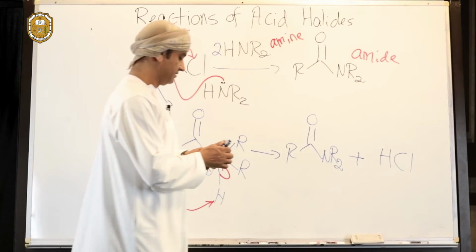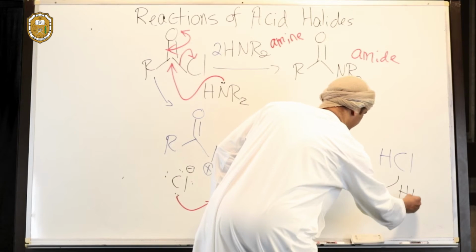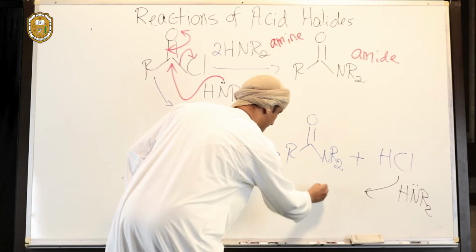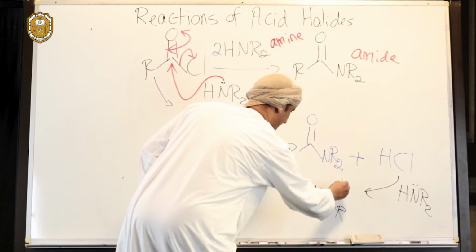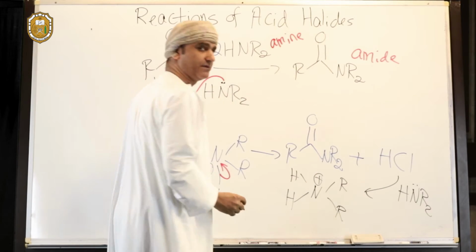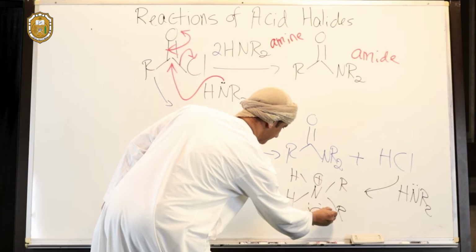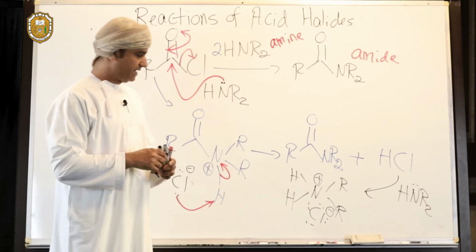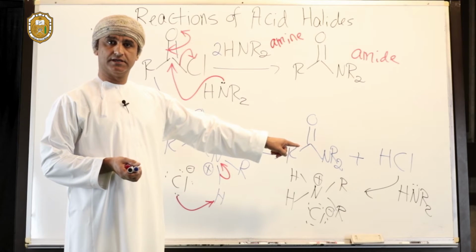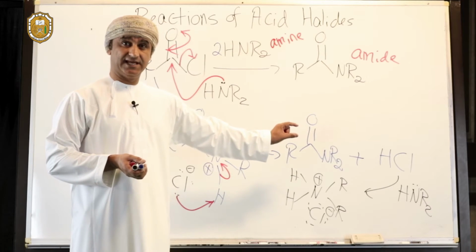So the amine then comes in and it reacts with the acid byproduct to form an ammonium ion as another product. Therefore, a second equivalent is required to react with the byproduct acid HCl.